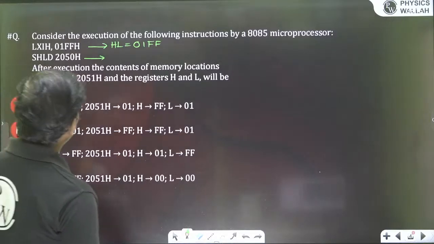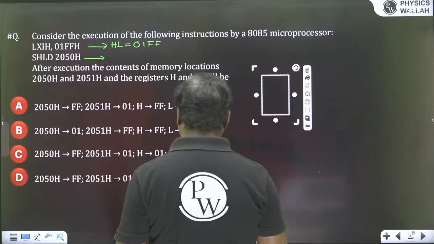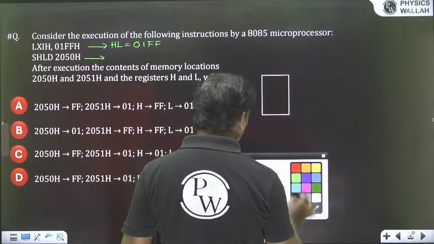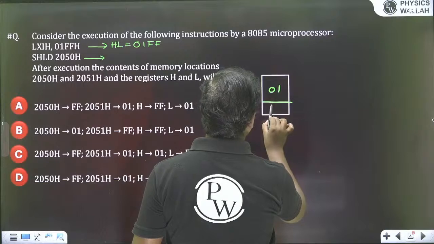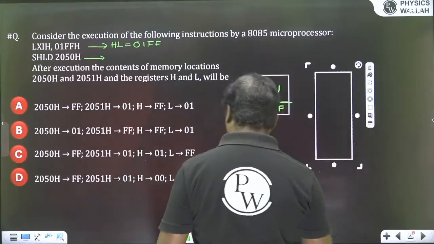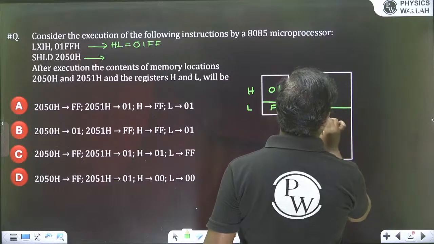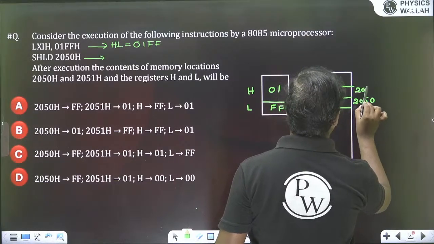Okay, so first let me take HL. What is HL? HL register is 01FF. So this is H, this is L. So this is 01, this is FF. Next, memory locations. This is the 2050 and this is the 2051 memory location.